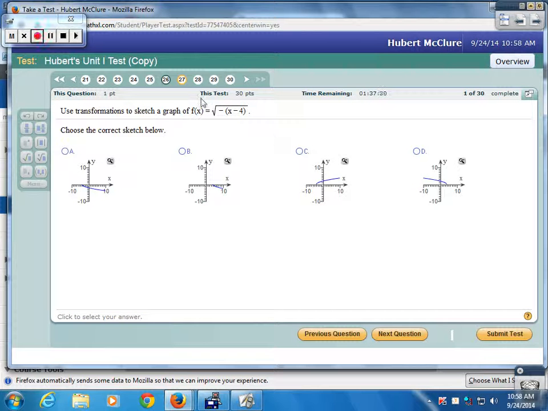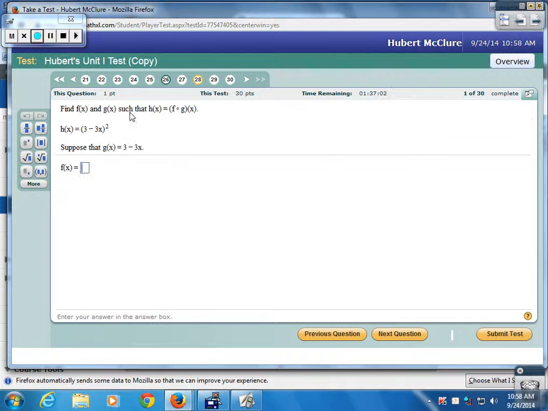All right. This is a homework question, and I've gone over it several times with y'all. Positive 4 means it's going to be to the left 4, and it is a negative, so that means it's going to be the opposite direction, so it's going to be A or B. It's not D. I think it's A. Another composition.